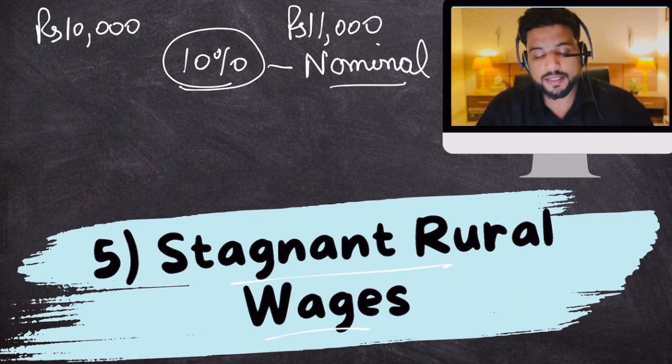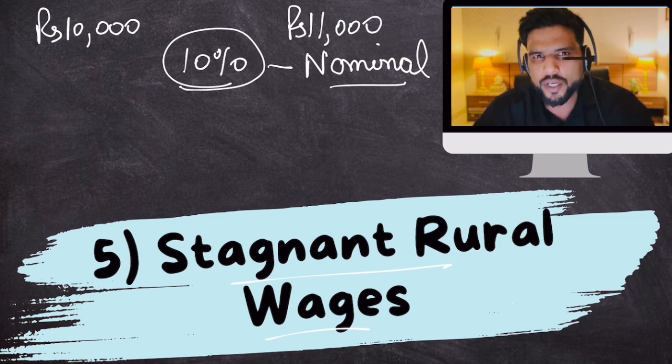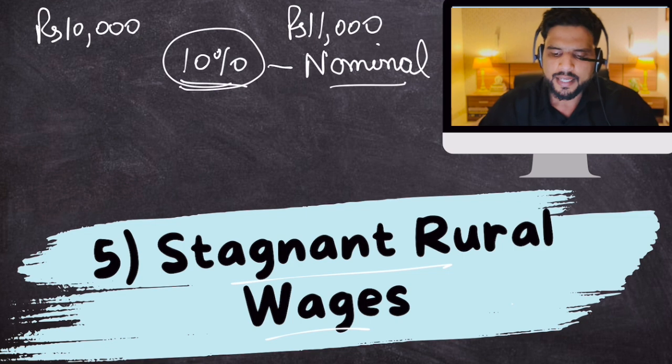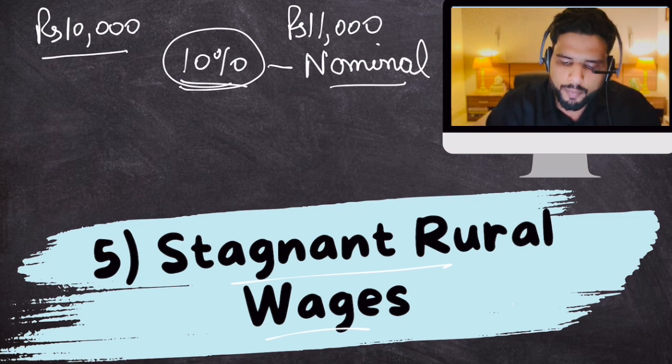But the thing is, you might be happy that your wages have increased by 10%. People who received this increment might be happy that their wages have increased by 10%. But if you look a little deeper, you'll find out that their wages actually in real terms have not increased by 10%. Why? With these 10,000 earlier, they used to afford a particular quantity of goods and services.